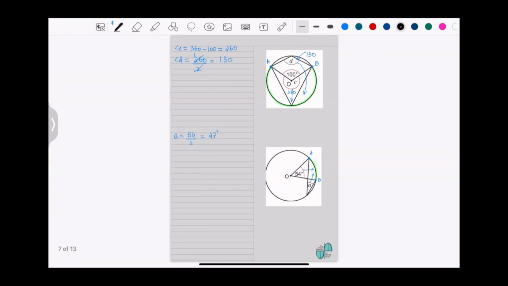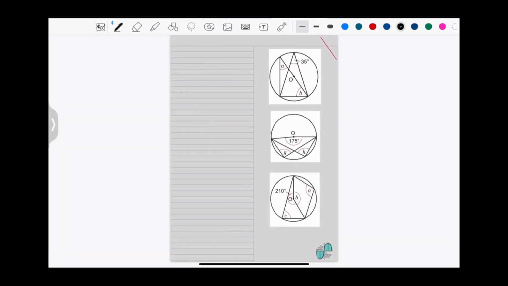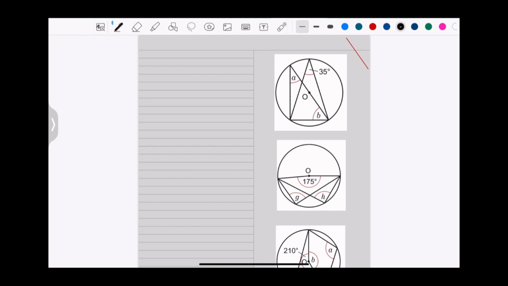And let's look at the example here. So this is 35. Highlight the arc, this one, and these two are the points.